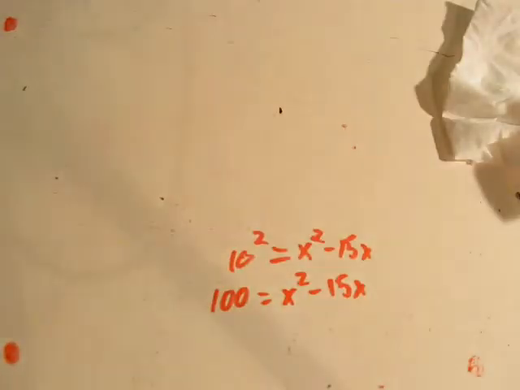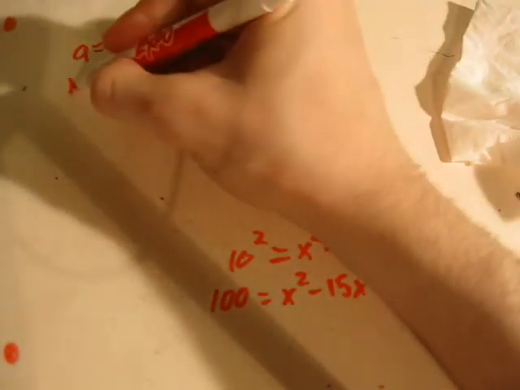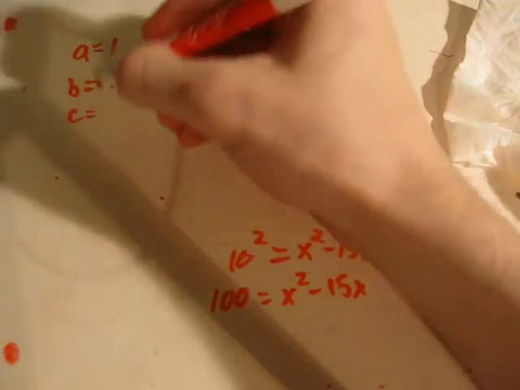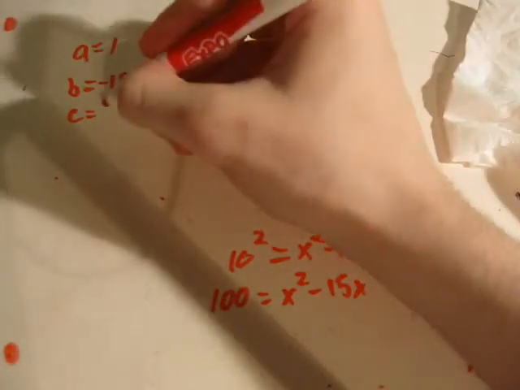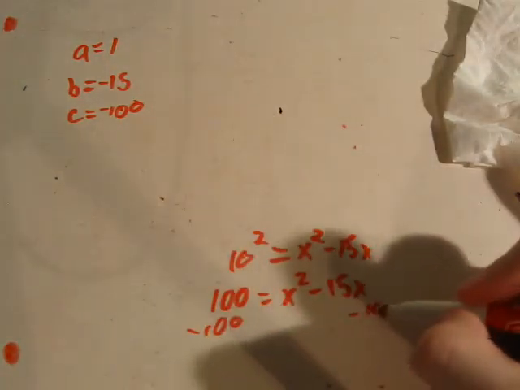Continuing on, from here I think we'll do it with the quadratic formula and go a is equal to 1, b is equal to negative 15, and c is equal to negative 100, because we're going to subtract that and put it on this side.